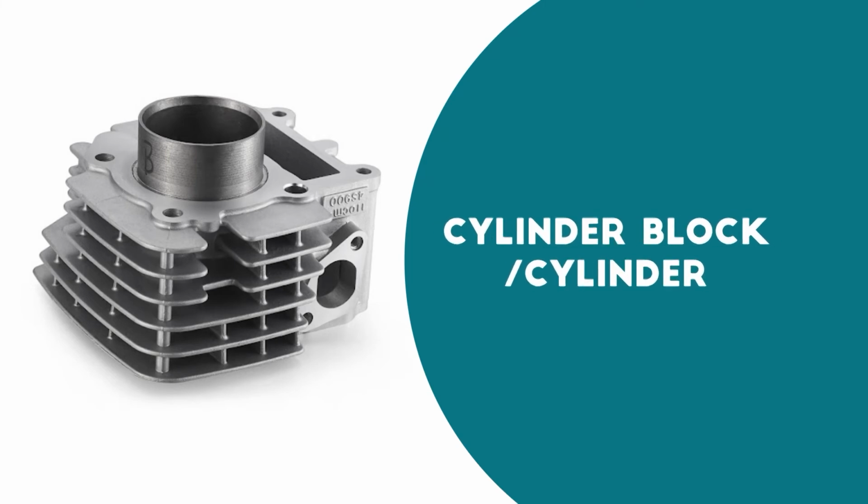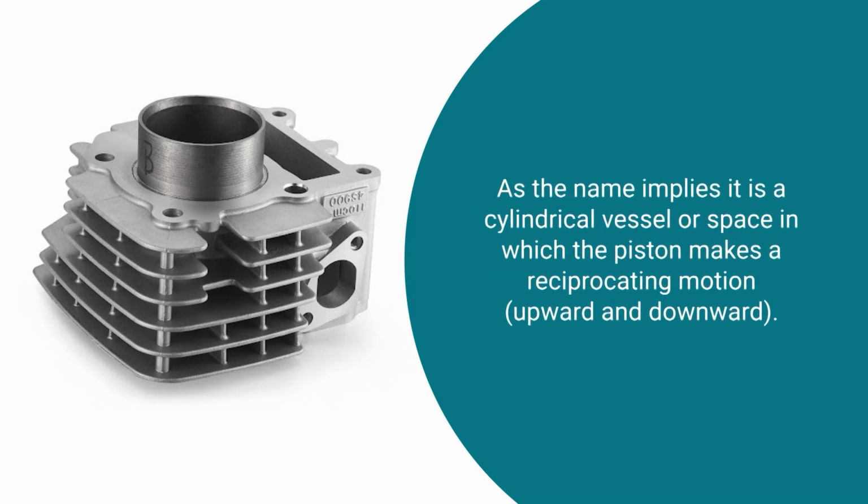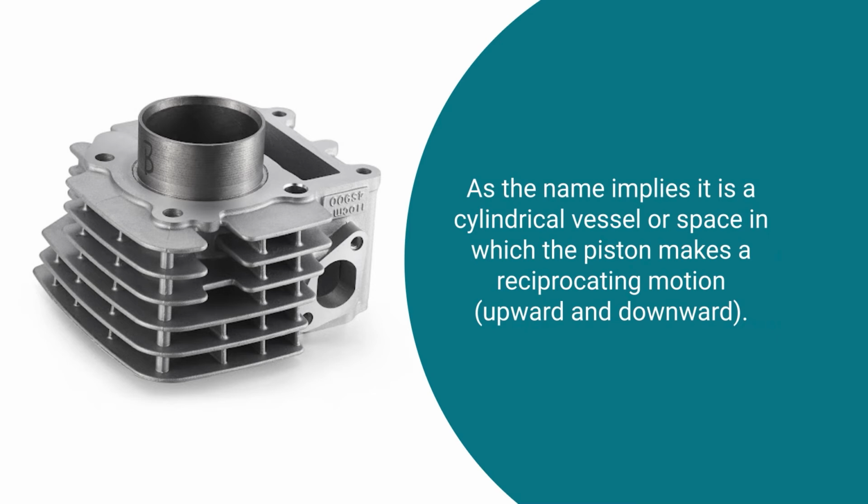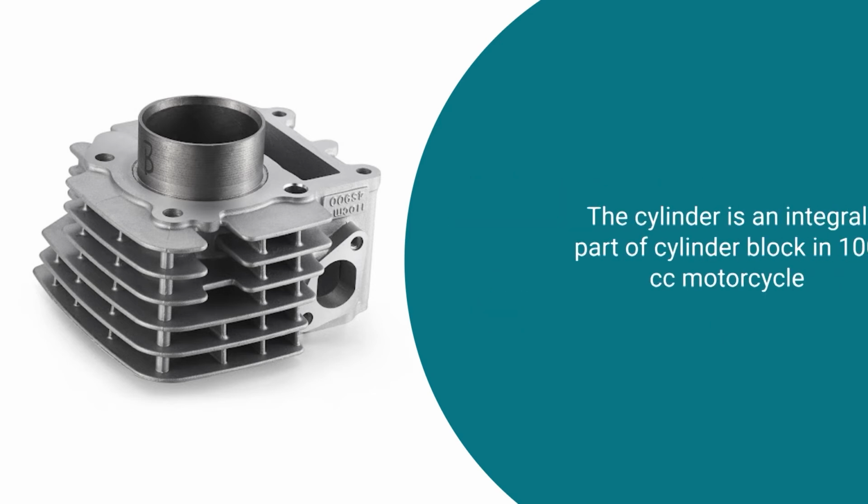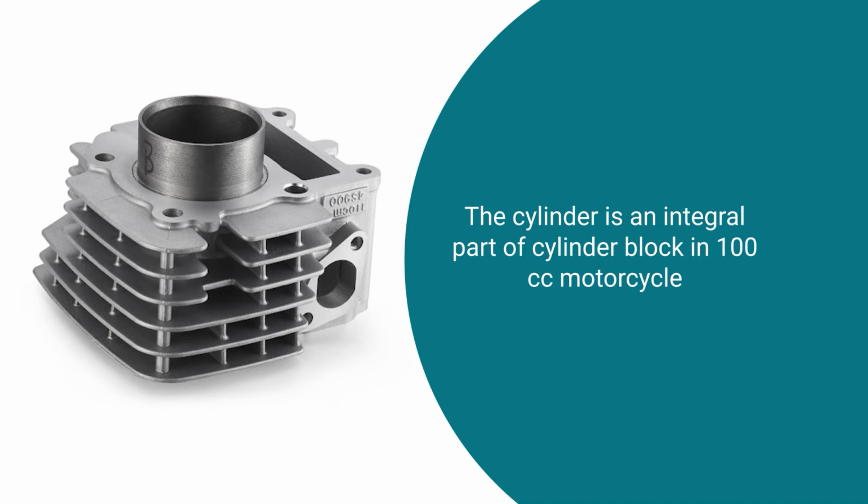Now, this is the cylinder block or cylinder. Basically, it consists of the piston and cylinder head. It is a space in which the piston makes a reciprocating motion. The cylinder is an integral part of the cylinder block in a 100 cc motorcycle.